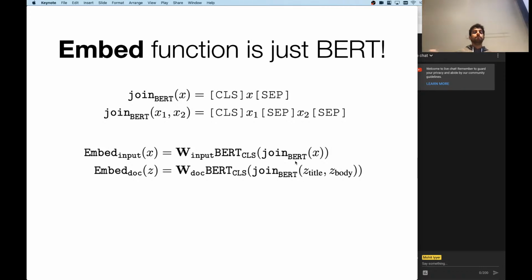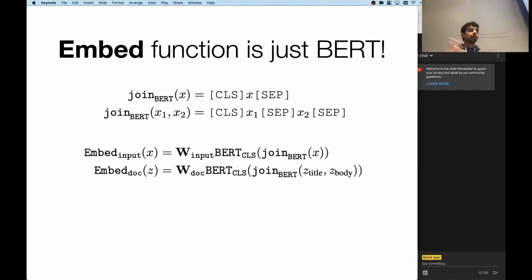It's mostly there because to embed a document from Wikipedia, they take both the title of the article as well as the paragraph. They concatenate them together, and then they take the CLS representation of that input. I think they took the title because it's pretty informative as usually in Wikipedia it's an entity or something which can help with the matching process.